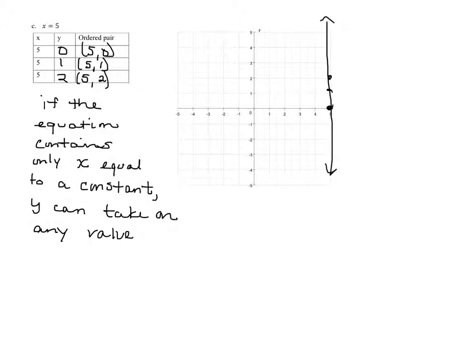It's a vertical line. In fact, x is equal to any constant is a vertical line. Okay, so this is the line x is equal to 5.